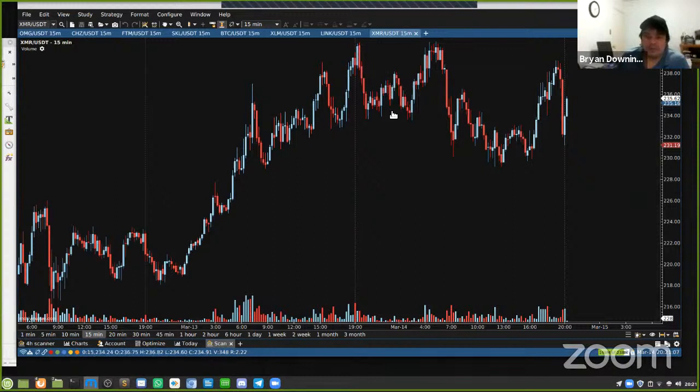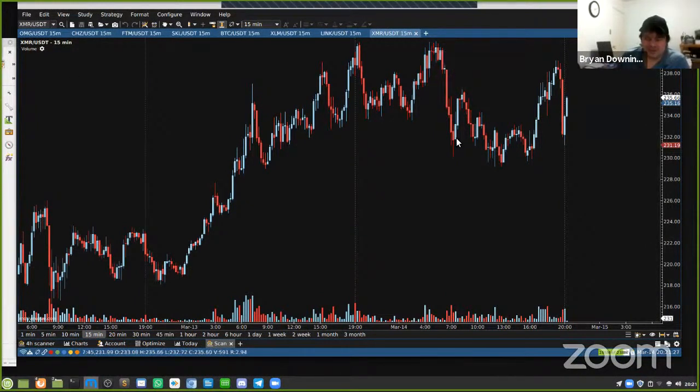Here's a second one. This happened at 1:30 a.m. That would have closed there at 235 and moved up here to 240. So that's a 15-20% move roughly over 4 hours. Here's another one.